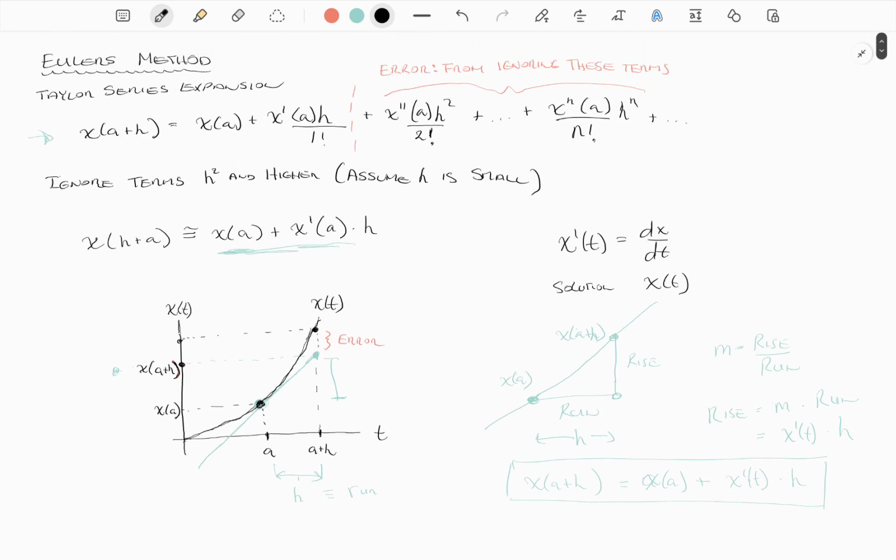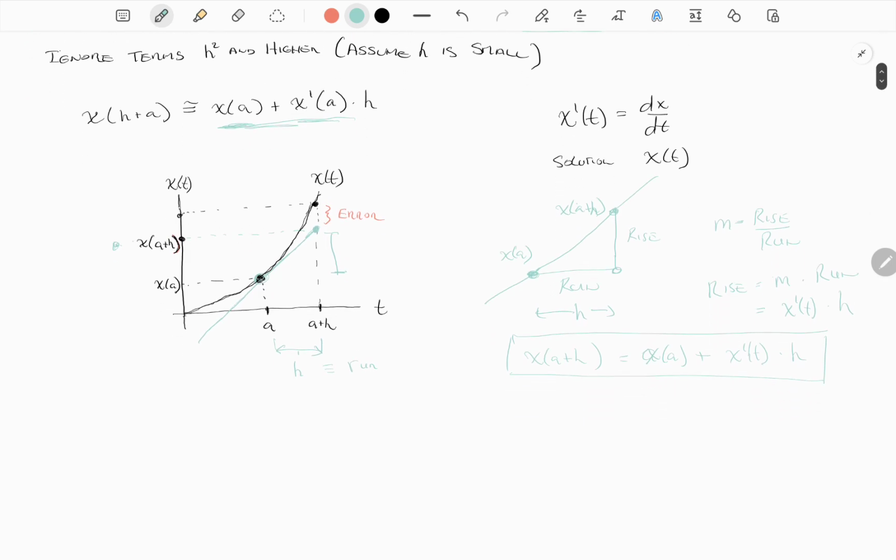The fact that we ignore these higher order terms is the source of error in this method, because this method is a first order method since it ignores all but the first order slope. When you have the tangent to a curve and you project that out the way we do here, we're basically projecting that point out, ignoring the curvature at that point, and that's going to generate this error.